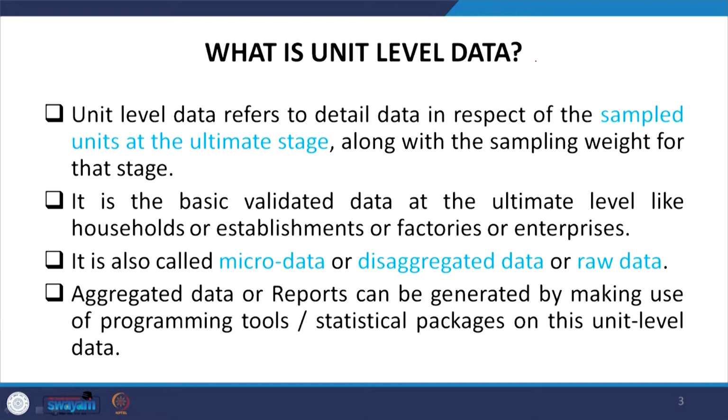Whereas if the survey is directed purely at understanding enterprises and their relationships and characteristics, the unit is actually enterprise or factories. This is also called micro data or disaggregated data. And as I already mentioned, this is called raw data.